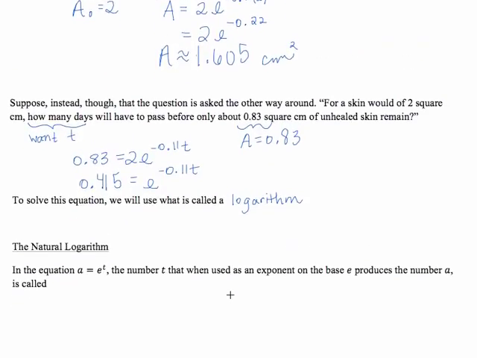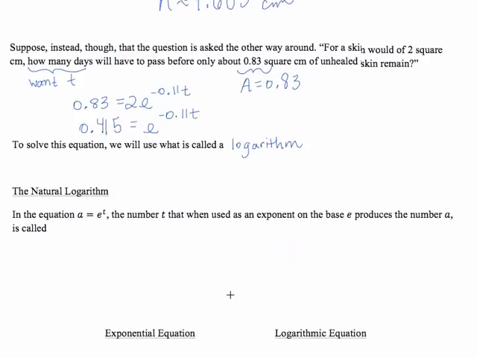Okay, so the natural logarithm is what we're going to focus on in this video. So in this equation, more generally, A equals e to the t, where A is a number.